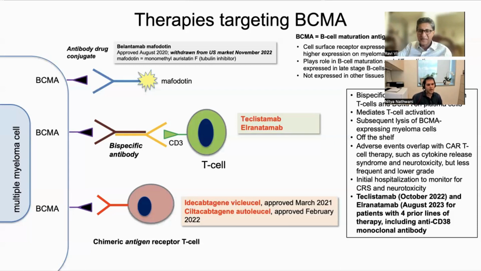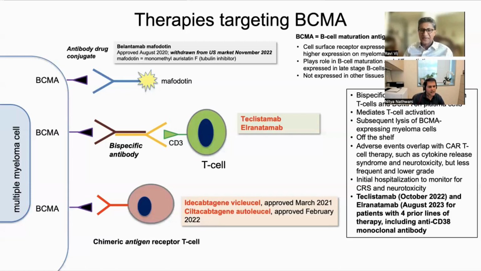So if we think about how a regular conventional monoclonal antibody works, it basically recognizes a target on the multiple myeloma cell, and then the back end of the molecule of the antibody serves as a kind of beacon for other cells in the immune system and recruits cells like natural killer cells and macrophages to kill the myeloma cells.